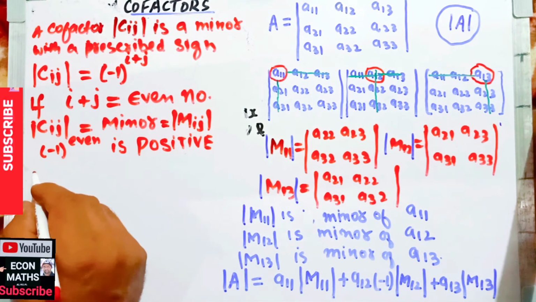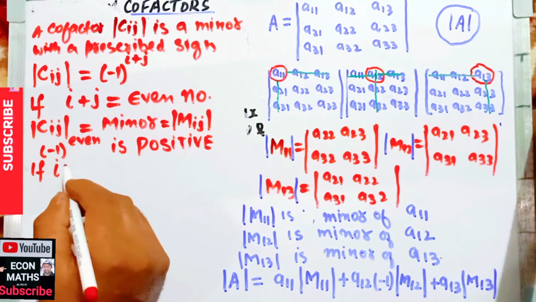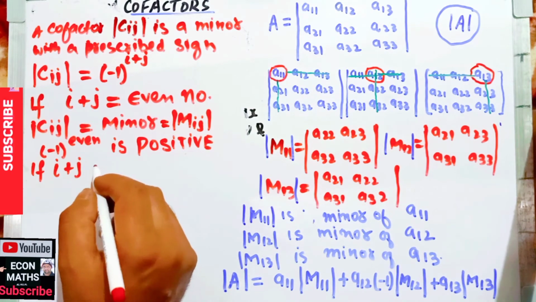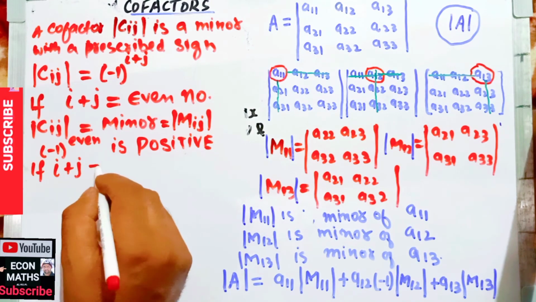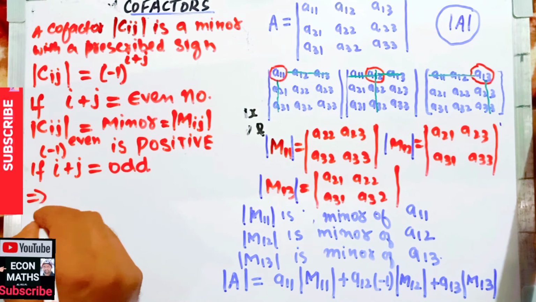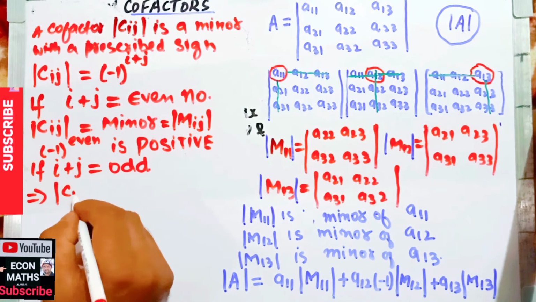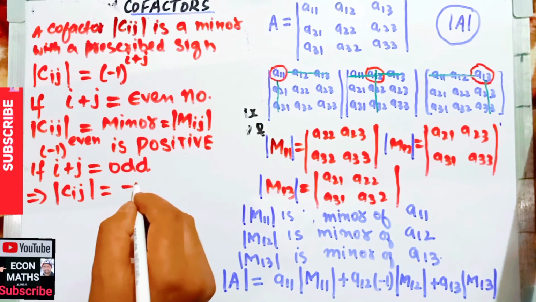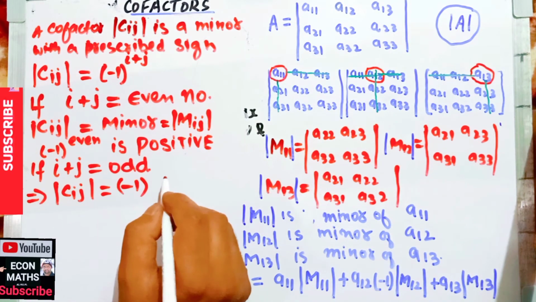Now if the sum of i plus j is odd, then this Cij is equal to -1 times the Mij.